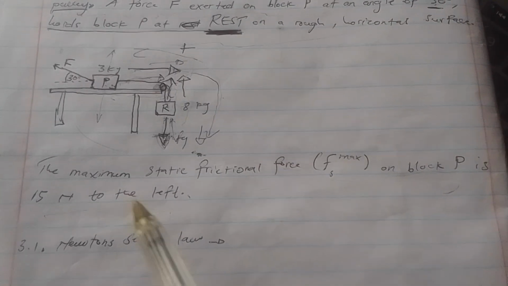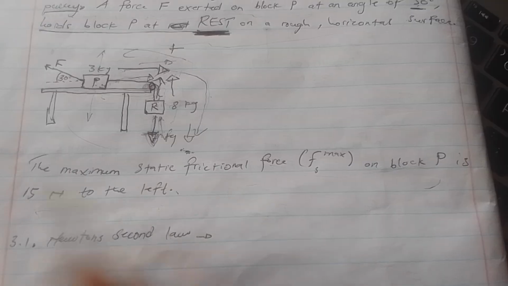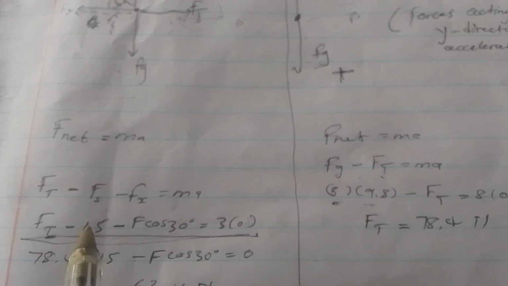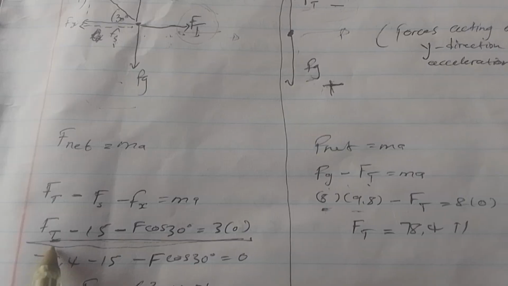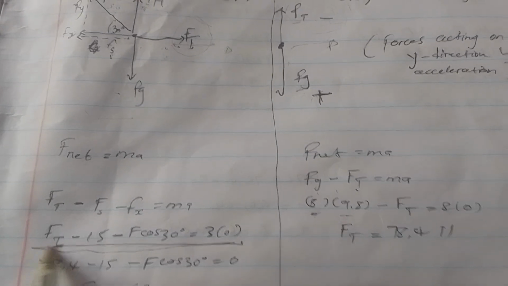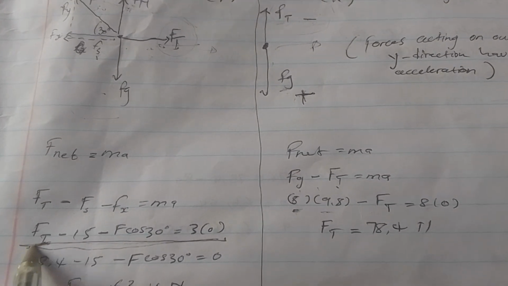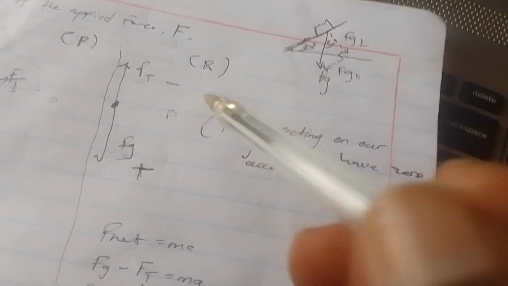Given the static frictional force to the left, our overall motion is to the right. You know what I mean? So let's go. As I said, I was stuck here because I didn't have the value of tension. So let's go to the other block, which is block R.